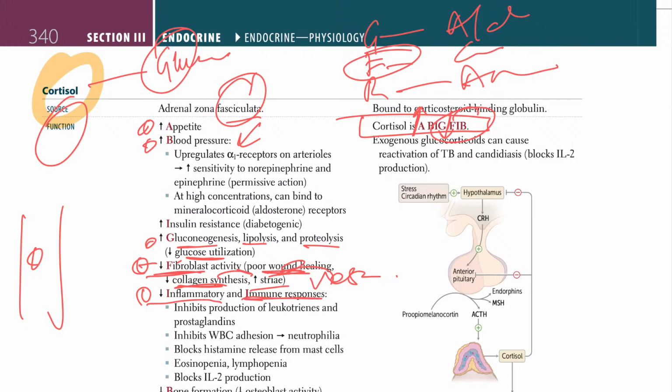A high yield point: cortisol decreases inflammation and immune response, inhibits the production of leukotrienes and prostaglandins, inhibits WBC adhesion, leading to neutrophilia. Right? Neutrophilia, not neutropenia. Neutrophilia means increased level of neutrophils. And why is that? Because if you recall, neutrophils are like bats.